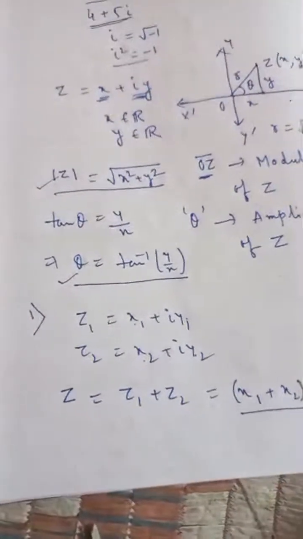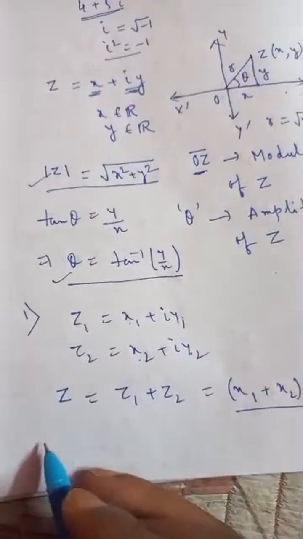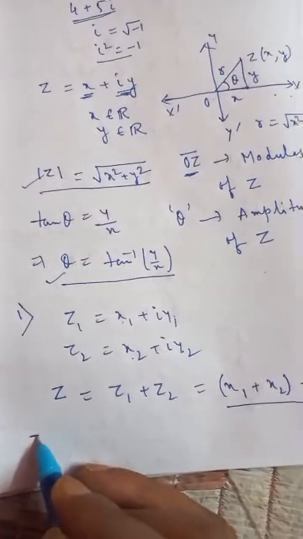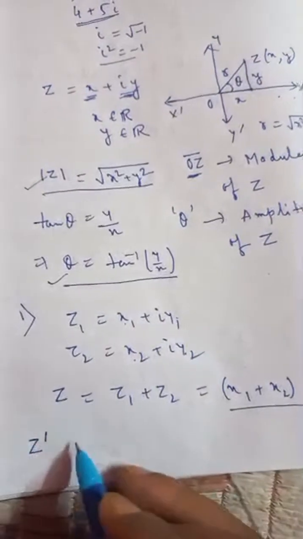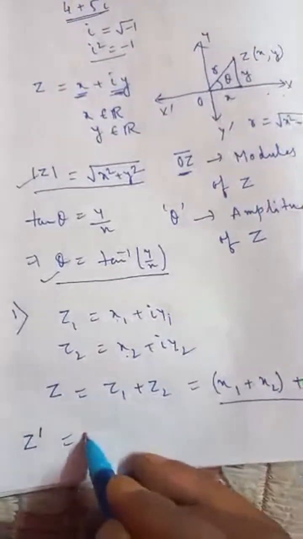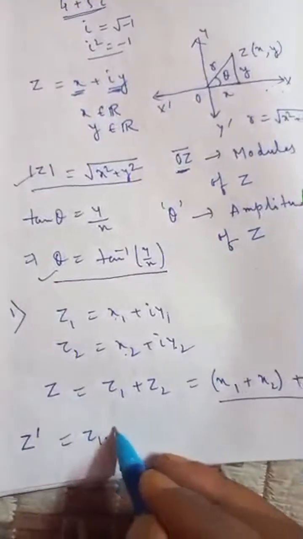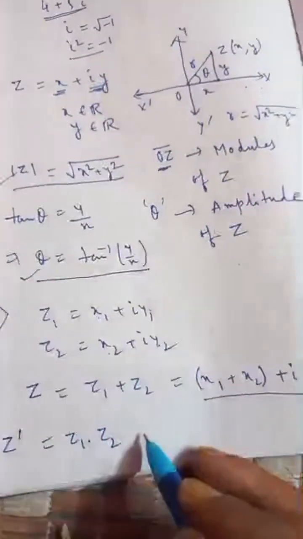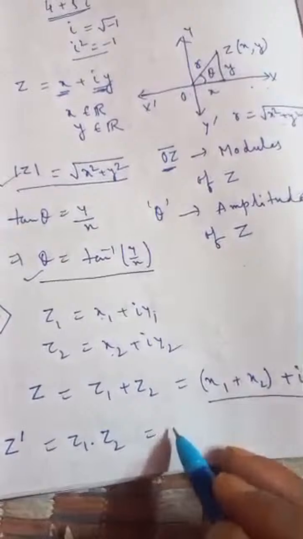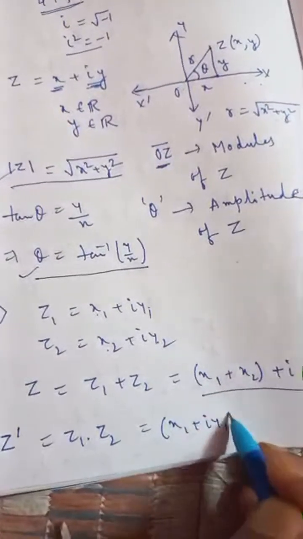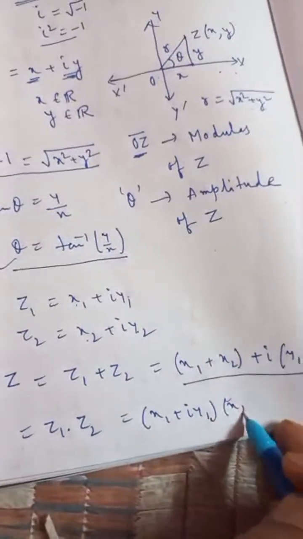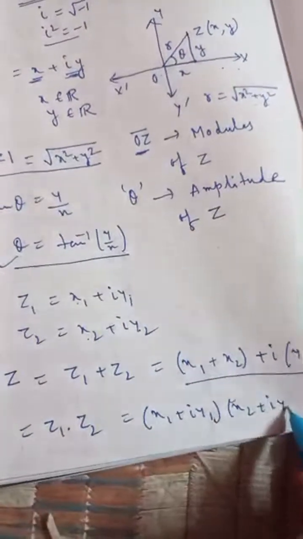Also you can multiply two complex numbers. If z dash is equal to z1 multiplied by z2, then it will be equal to x1 plus iota y1 times x2 plus iota y2.